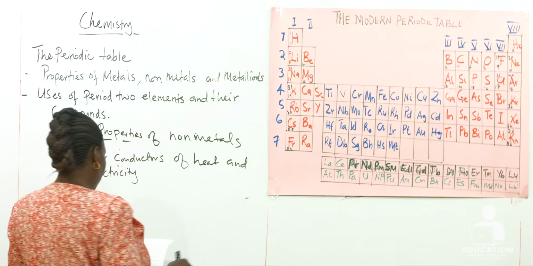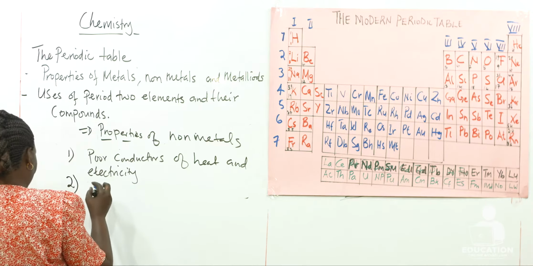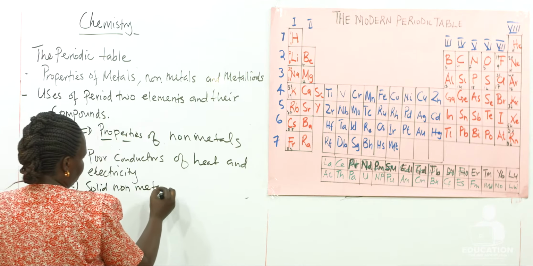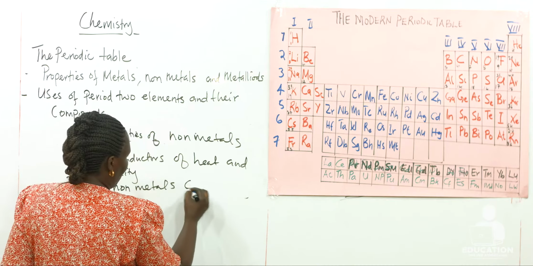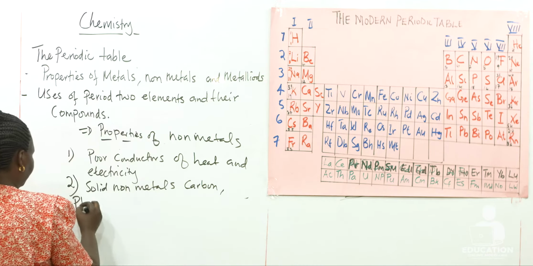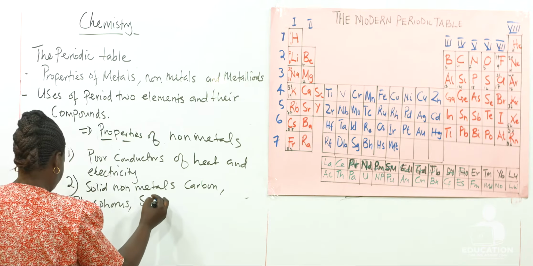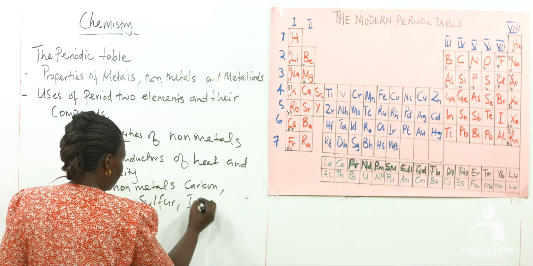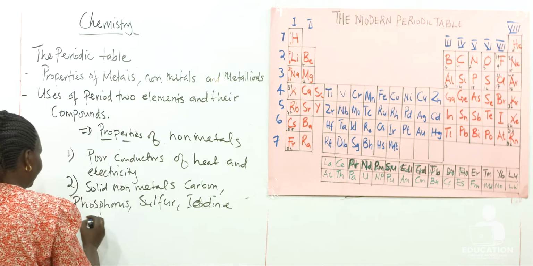For example, we have solid non-metals, which include carbon, phosphorus, sulfur, iodine, and selenium.